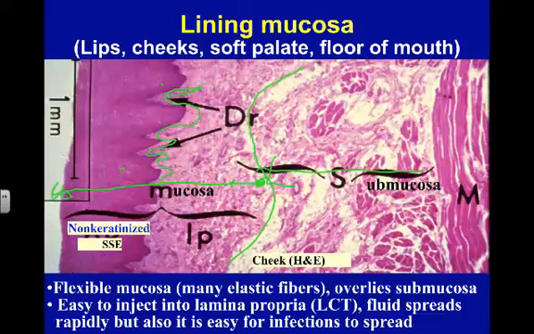Now this is kind of important. When you take a look at the soft palate, the floor of the mouth, the lips, and the cheek, when you do an injection, you inject in this area here.